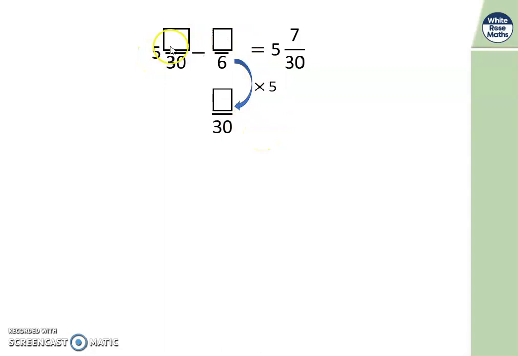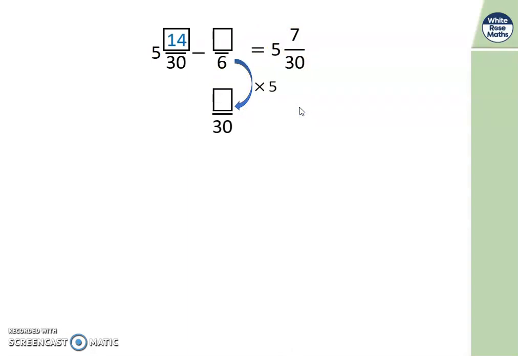Now 5 is here and we can see it. Therefore it's this part, take away this part, that gives me the 7/30ths. So I need a number here that when I subtract this number makes 7.